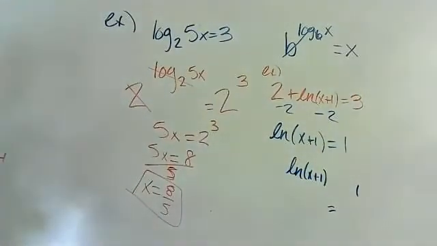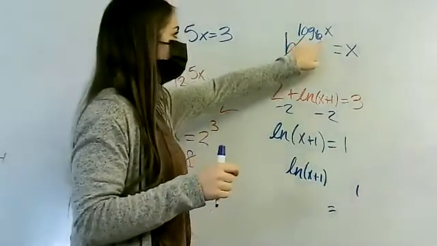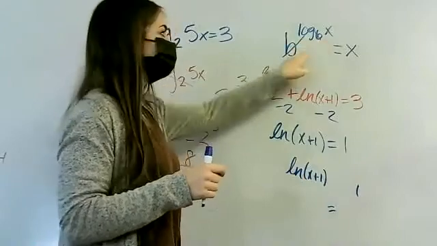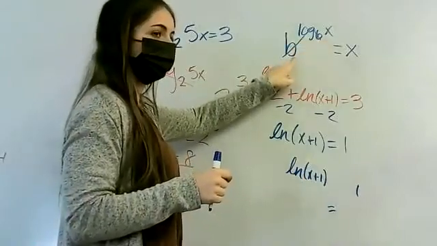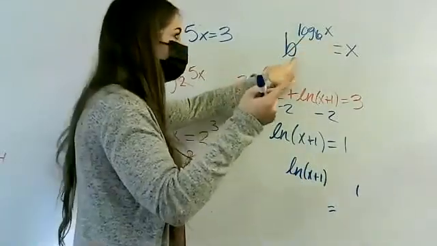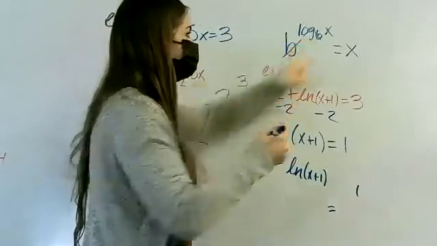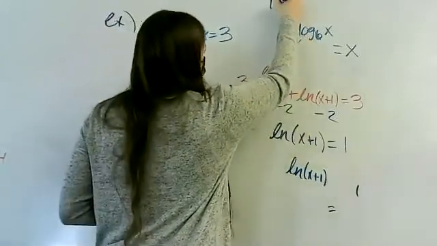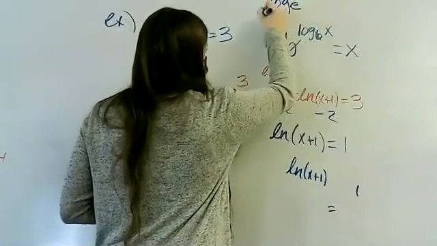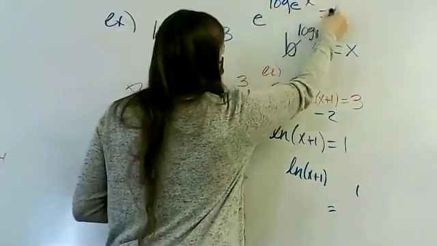What's going to be the base of this exponent? Think carefully. What's natural log? Log base e. So if it's log base e, what number needs to be down here? It'd be e. Think about this as log base e of e.